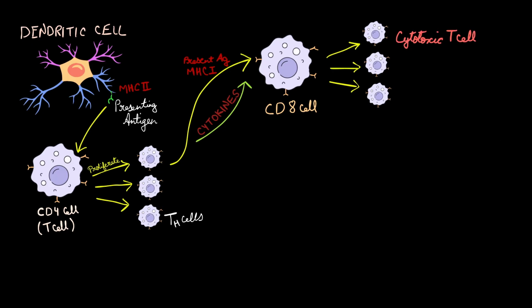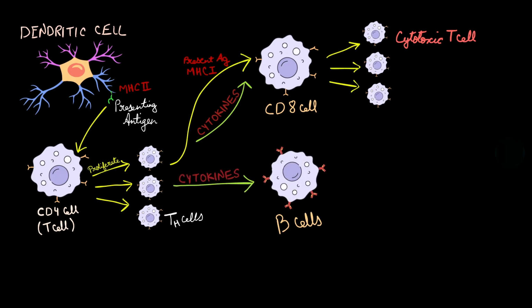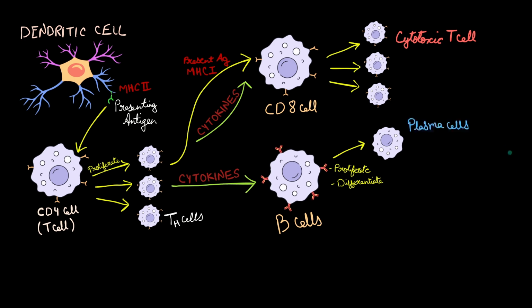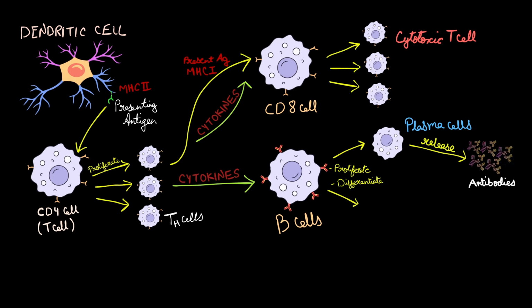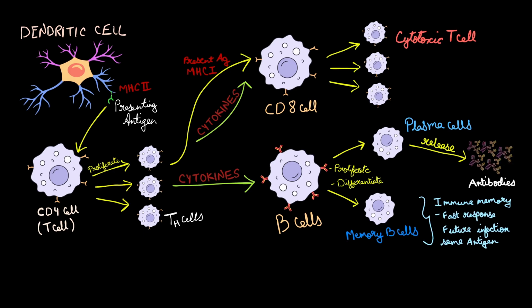They also release cytokines that stimulate B cells to proliferate and differentiate into plasma cells, which can release large quantities of antibodies, and memory B cells that roam around in the body as part of the immune memory to respond faster on future encounters with that specific pathogen.